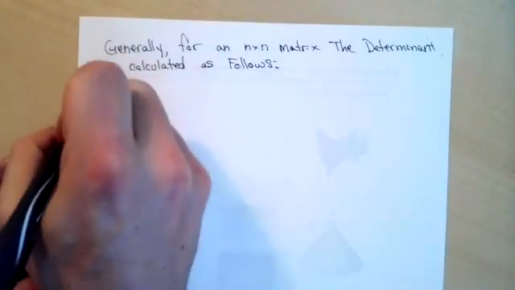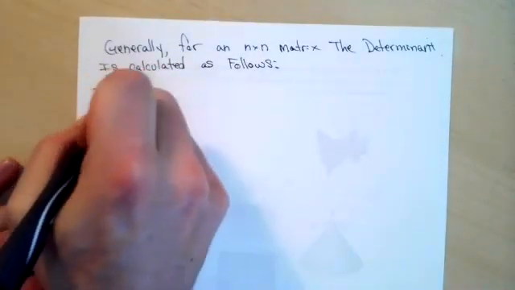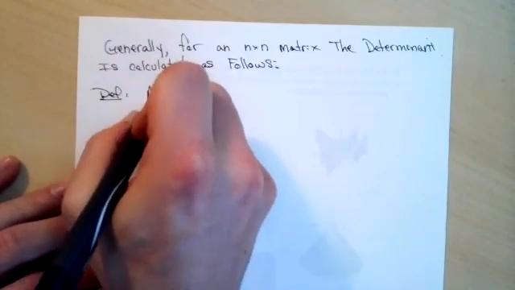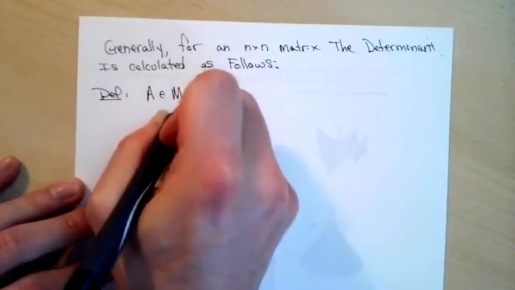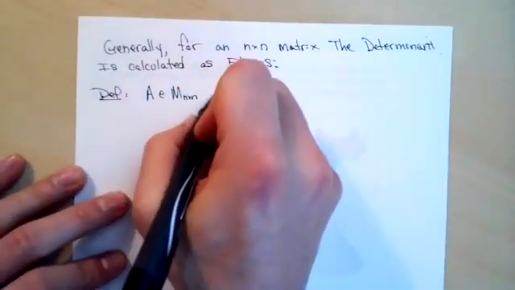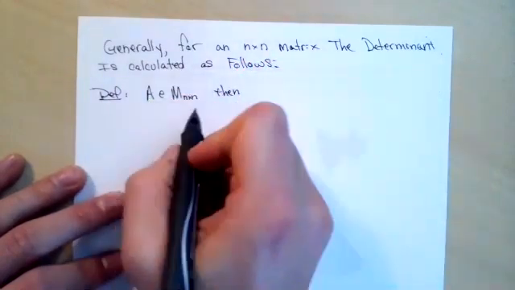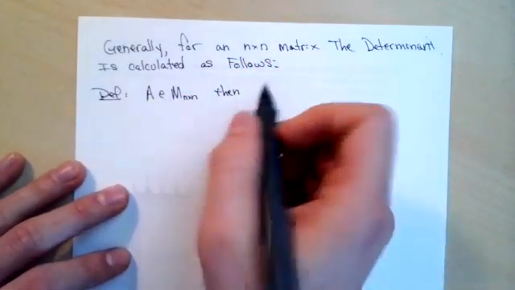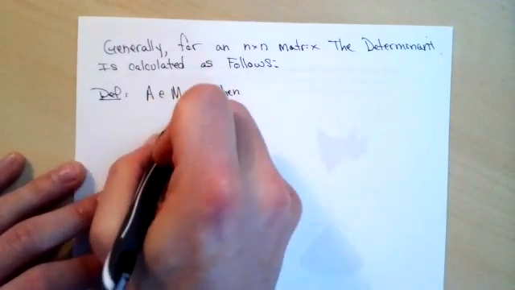So the first thing we want to introduce, if we have a matrix that is n by n, then we describe the minor.